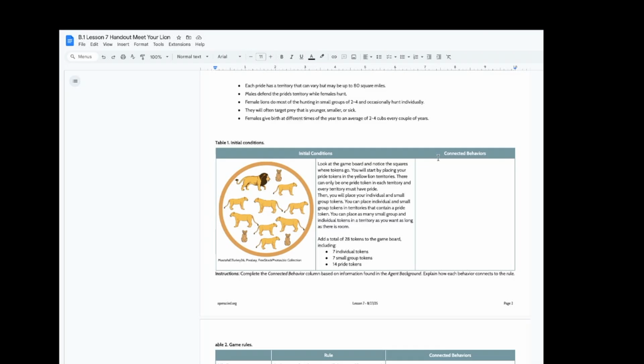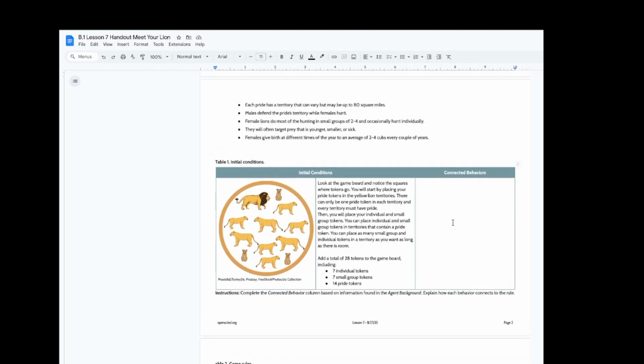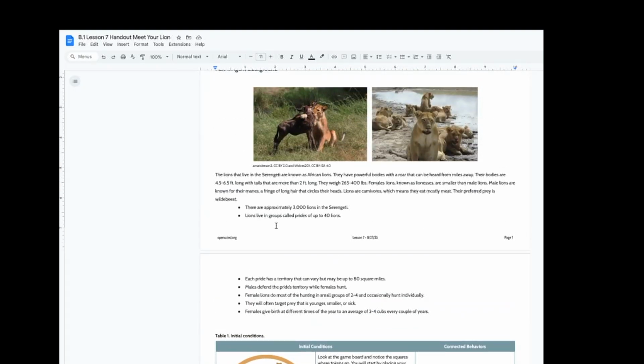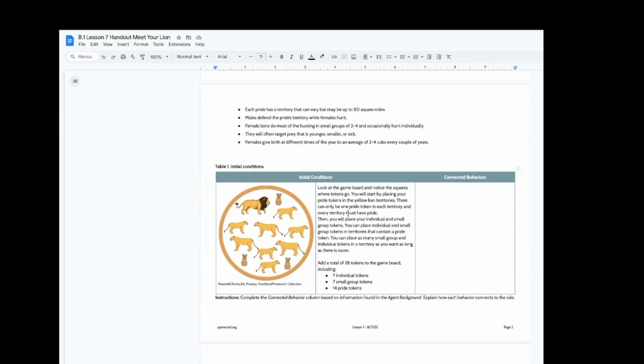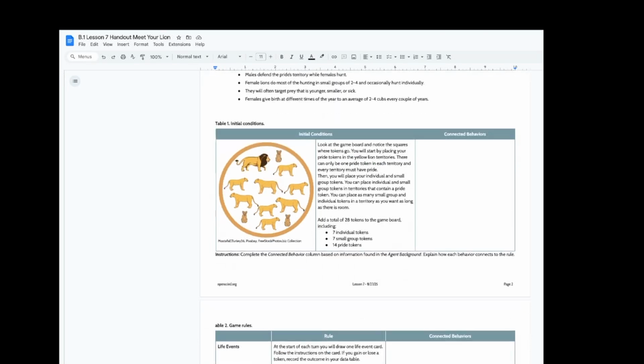So how does this rule connect to real behaviors in the wild? So here's their behaviors right here. How does that connect to this rule? So we're showing how this model simulates the real life of what's happening in the Serengeti.